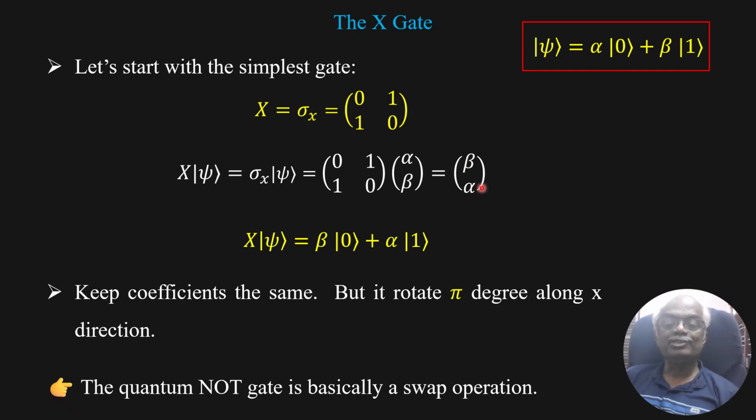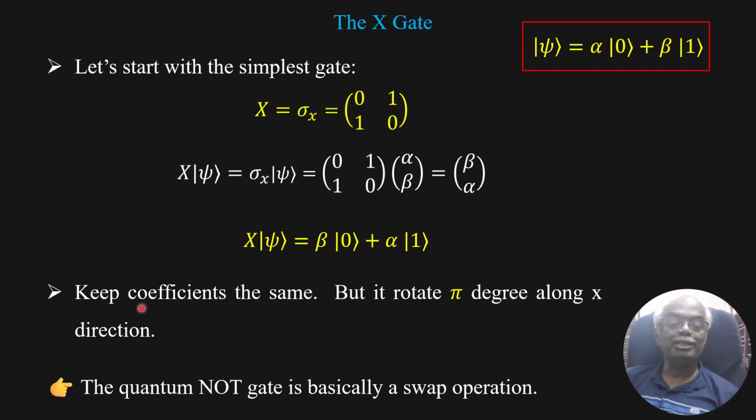So this will interchange, that is, the amplitudes get interchanged. After the X operation, when X acts on ket psi, alpha will become beta, so you get beta times ket 0, and beta will become alpha, so this will be alpha times ket 1.